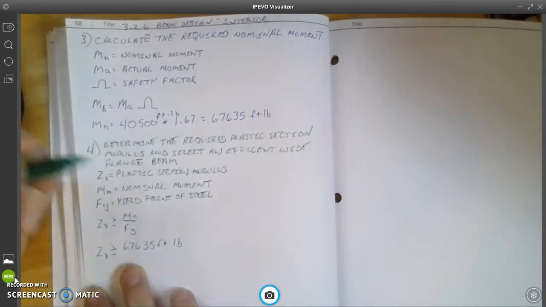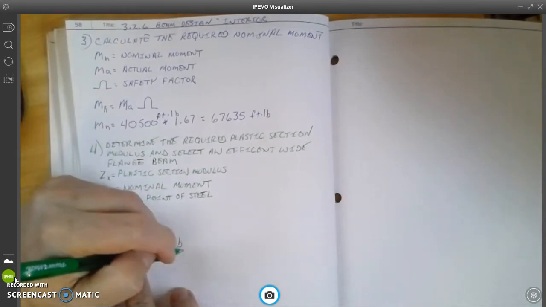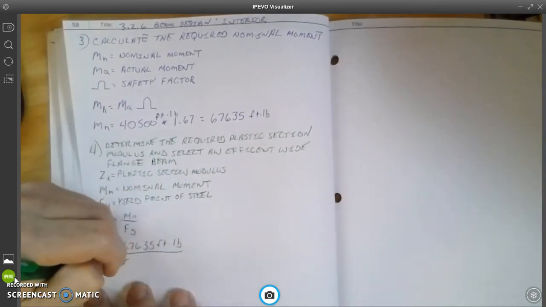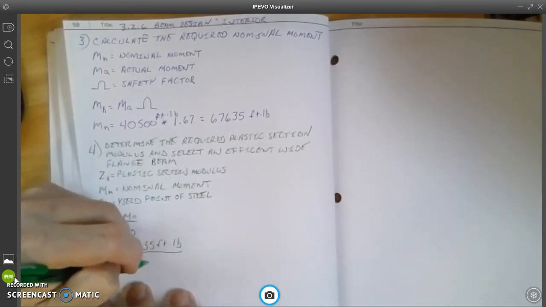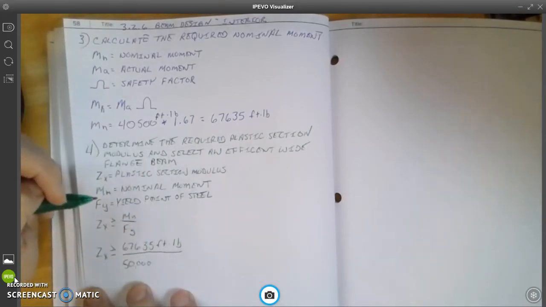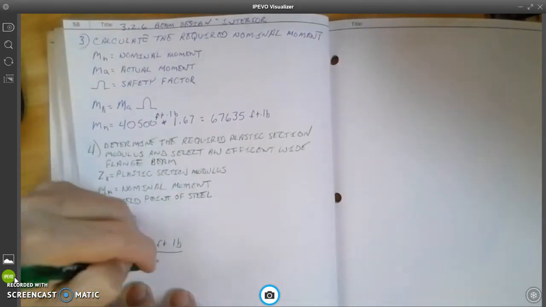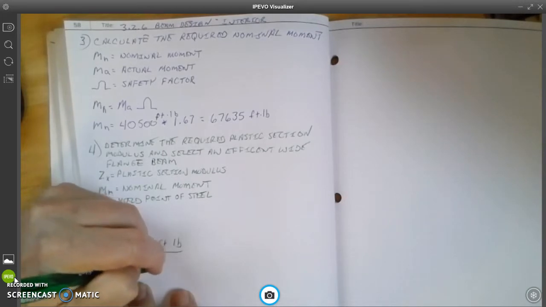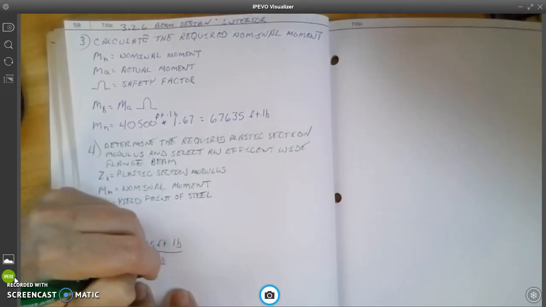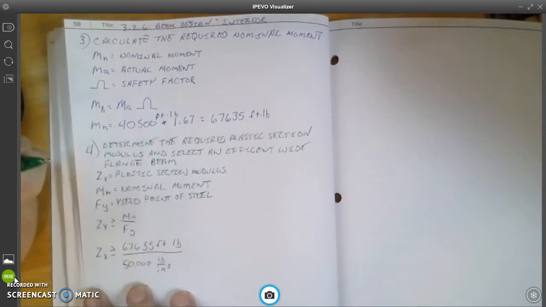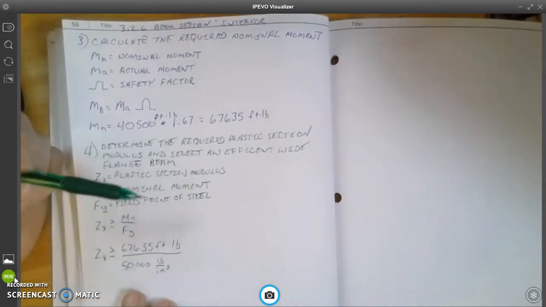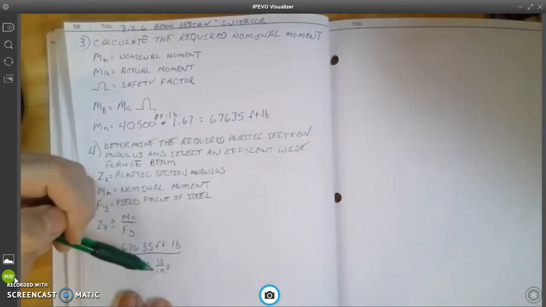And that's going to be divided by the yield point of steel, which is 50,000. And that is in pounds per inch squared, and we want our answer to be in inches cubed here.